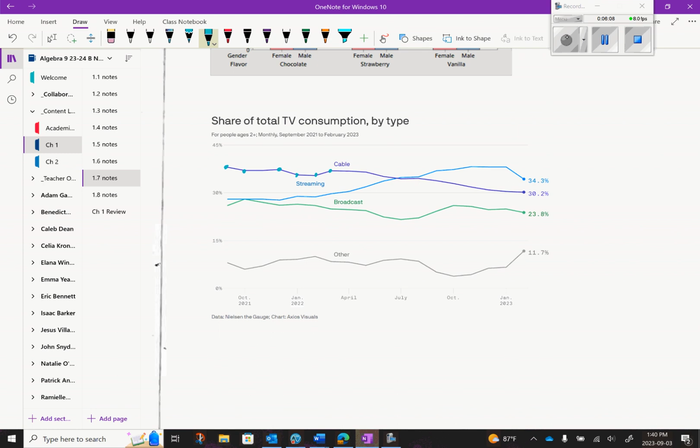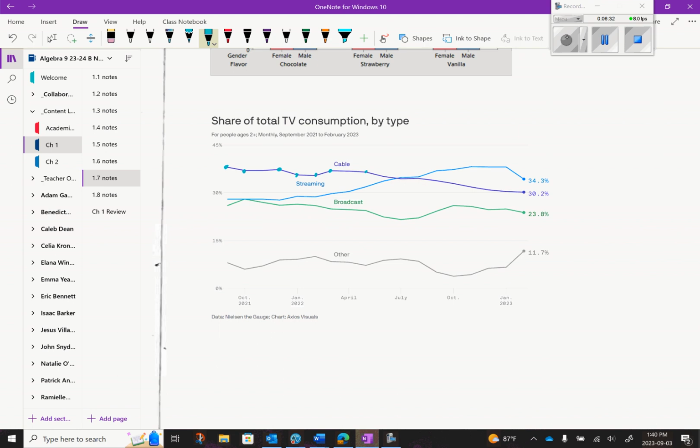and you can see the individual little segments here that in this month of this year, 39% of people were watching cable television, and 29% of people were getting it from streaming.